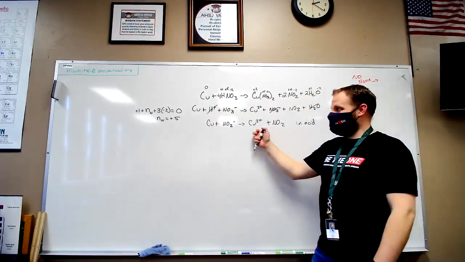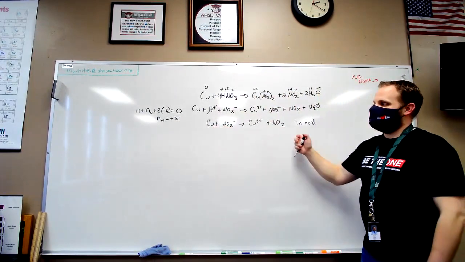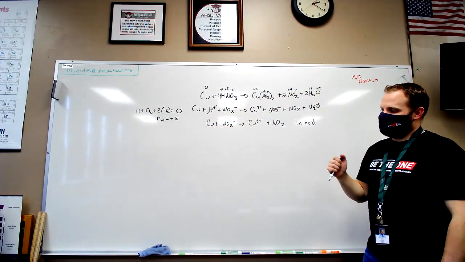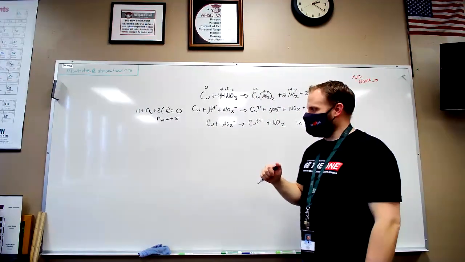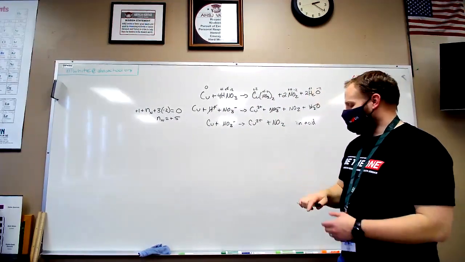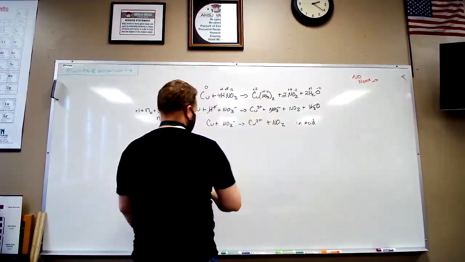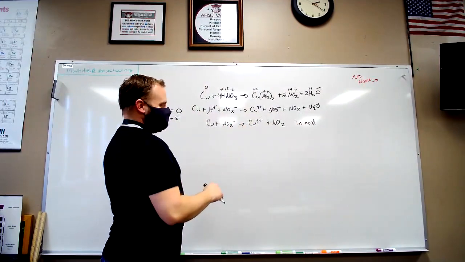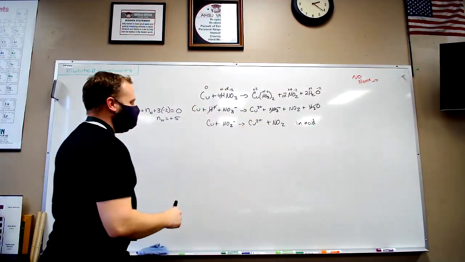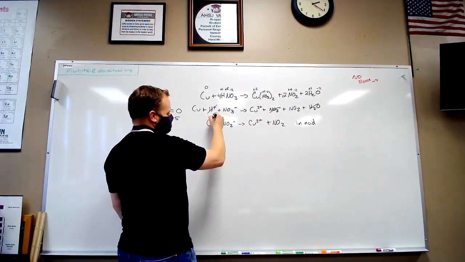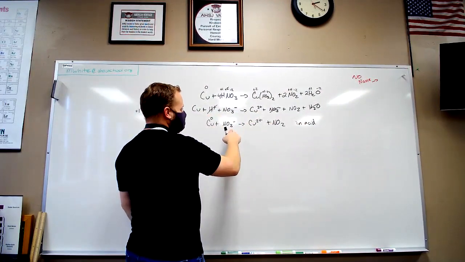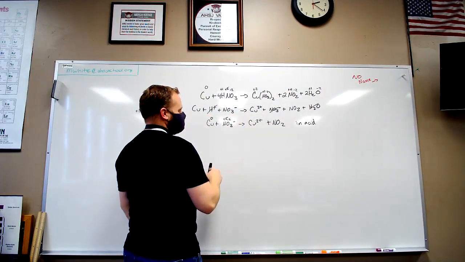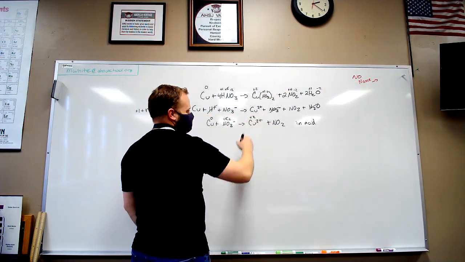If you're given this, to balance it is pretty much the same as the oxidation number method. It's a little bit easier to assign these oxidation numbers, and that's why sometimes we do it. Once again, 0, NO3, so this is going to be +5, -2. This is going to be +2.